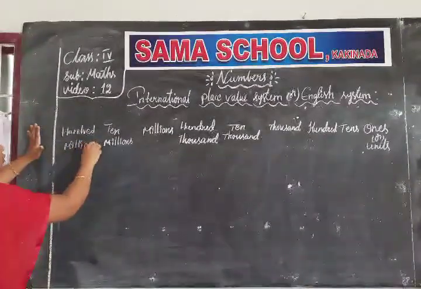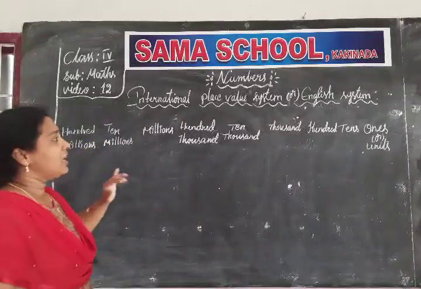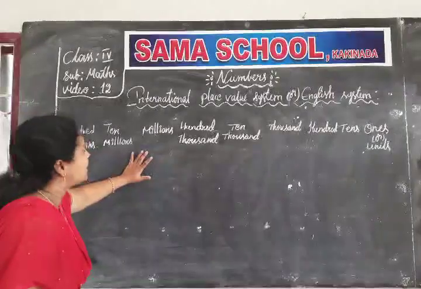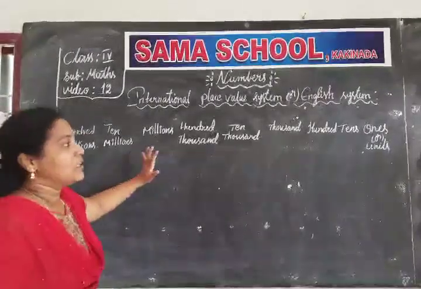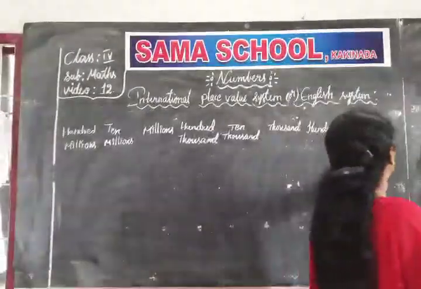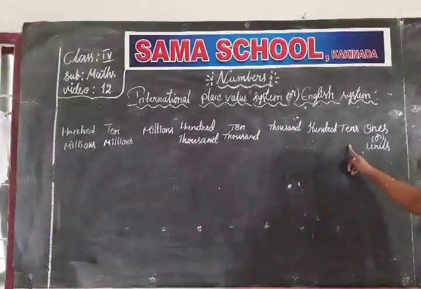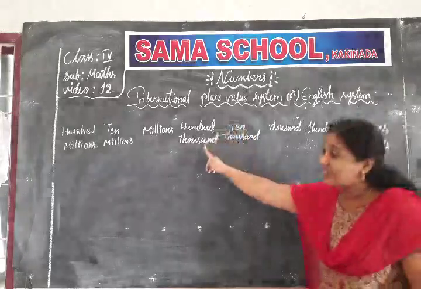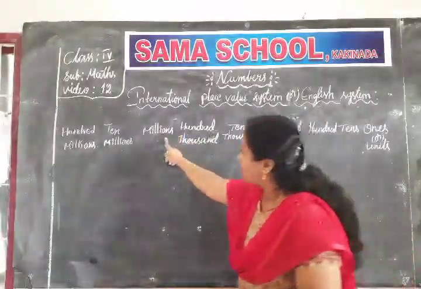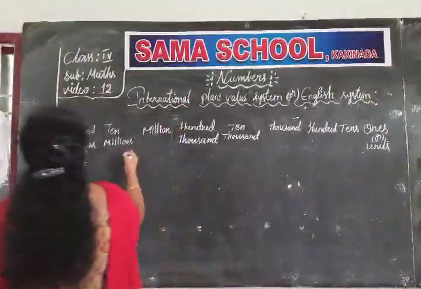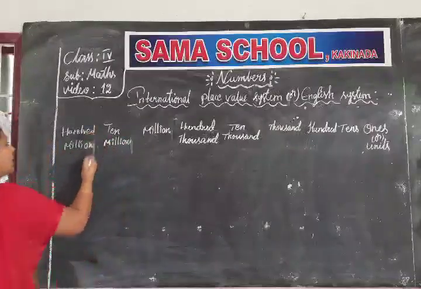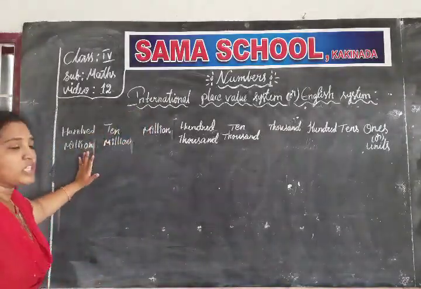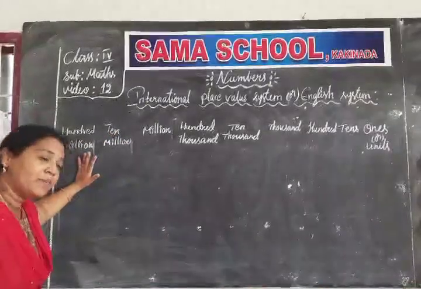Once again, everyone look at the board and listen carefully. International place value system also has 9 places. Those are ones or units, tens, 100, 1,000, 10,000, 100,000, million, 10 million and 100 million. It is also known as English system.